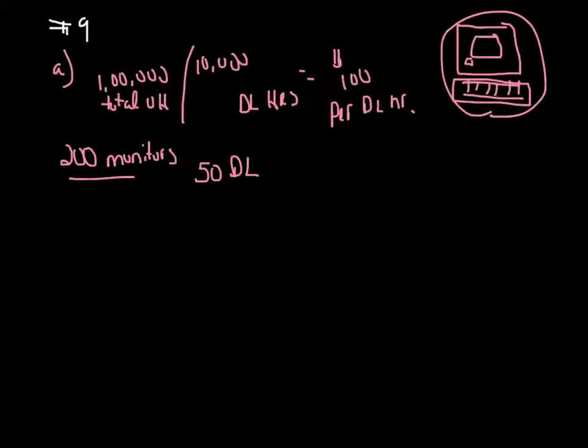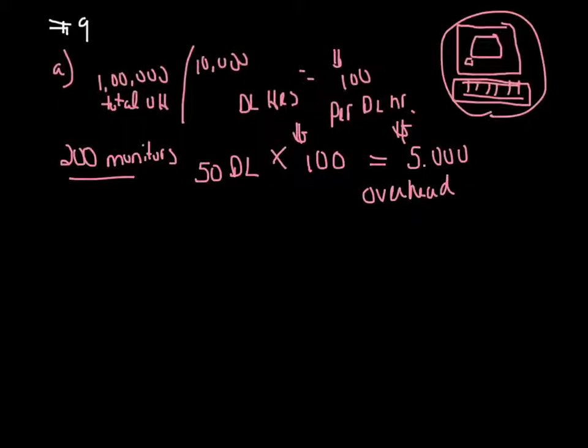You're going to take that 50 times that overhead rate of $100 to come up with $5,000. So $5,000 is what is applied or allocated for the batch of 200 monitors. So this $5,000 is overhead allocated for the batch of 200 monitors.